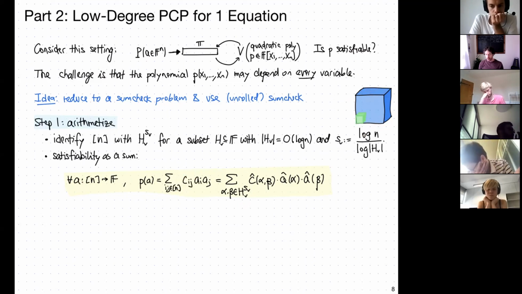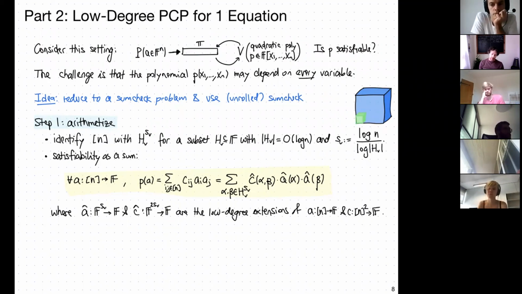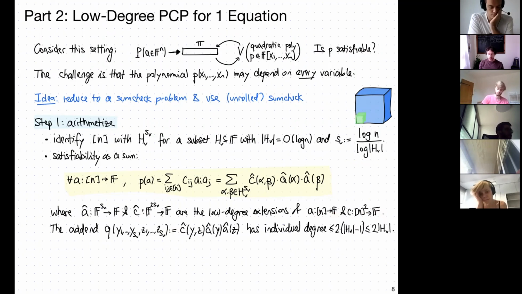Same thing with respect to alpha, the assignment A. Instead of looking at A, we will take the low degree extension of A, so it will be some polynomial where if you query it on this cube, you'll get the value of the assignment A, but you can also evaluate everywhere else. And exactly like this, A and C are just the low degree extensions.